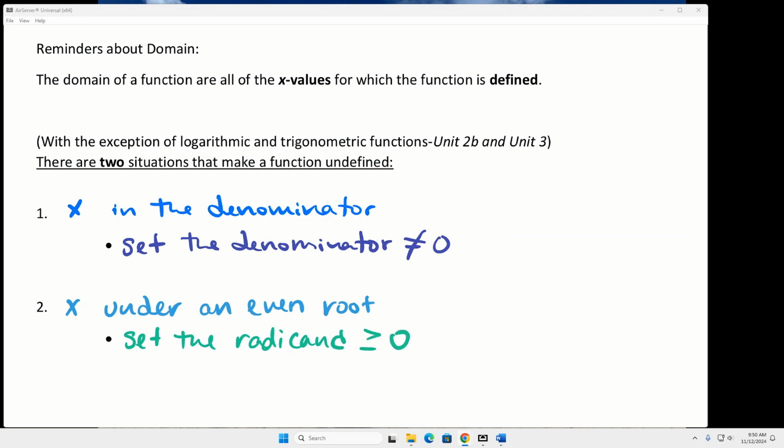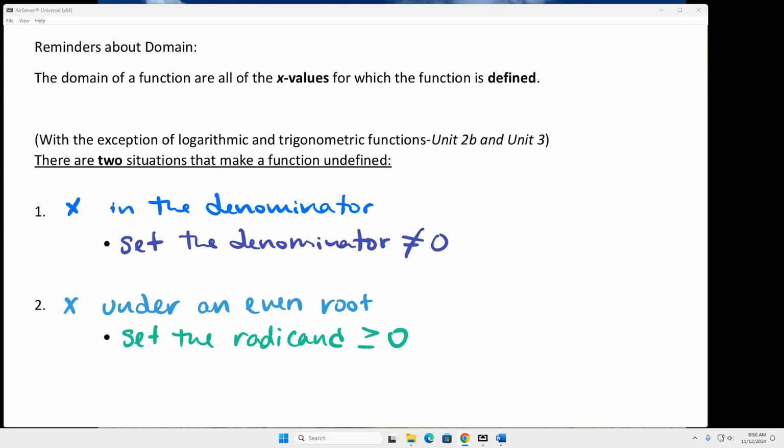Because what's under there cannot be negative. It has to be greater than or equal to 0. So the denominator can't be 0, and the radicand has to be greater than or equal to 0. So two separate things you have to remember. Someone in my last class did it opposite every single time, so try to keep it straight. If not, flip over on the back and remind yourself.